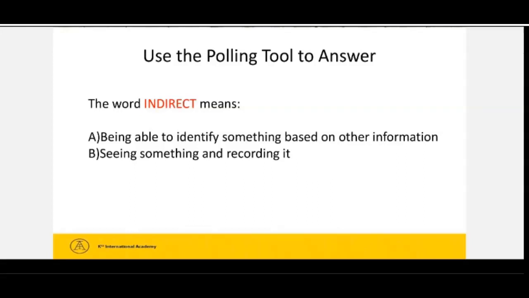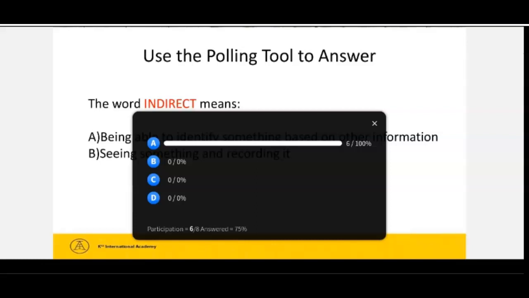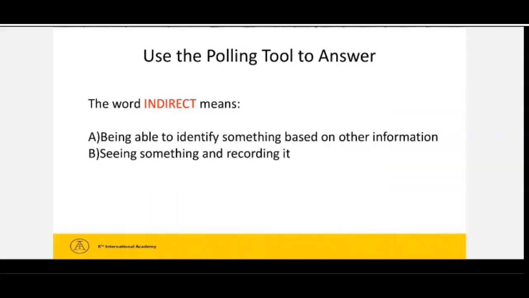We saw the word indirect observations earlier. Six of you have answered, and you're correct. It does mean being able to identify something based on other information.